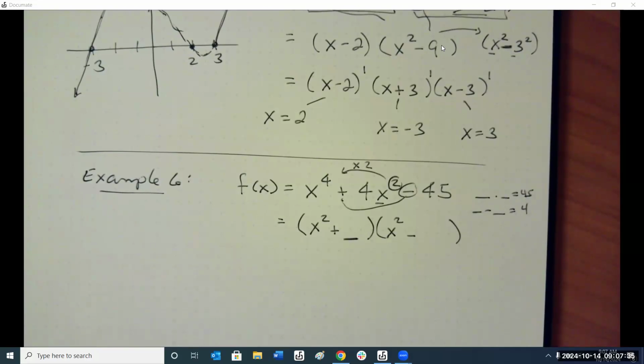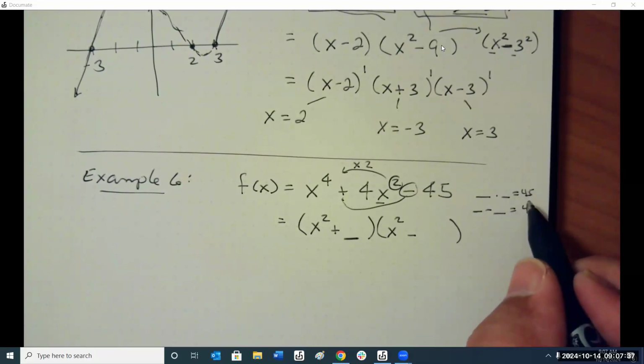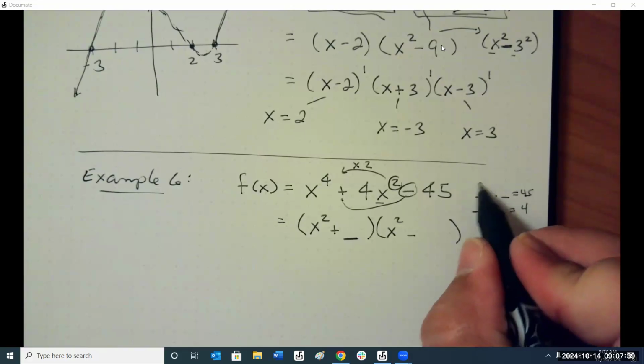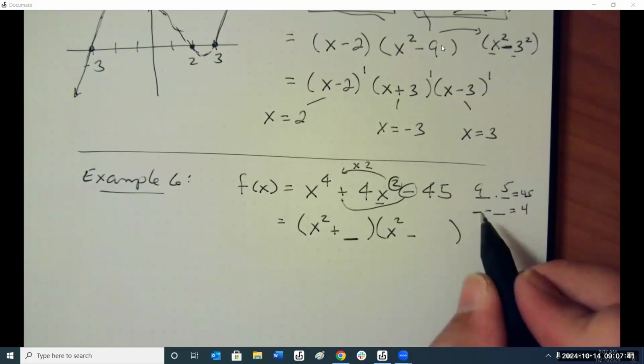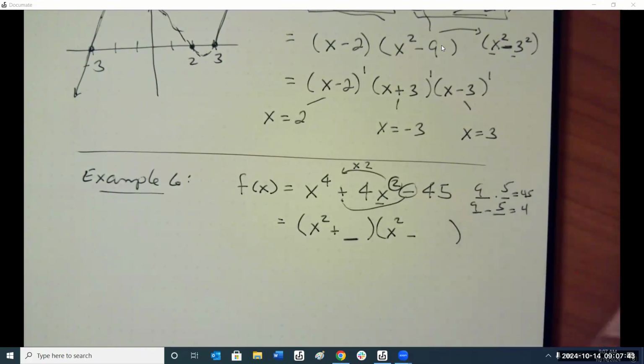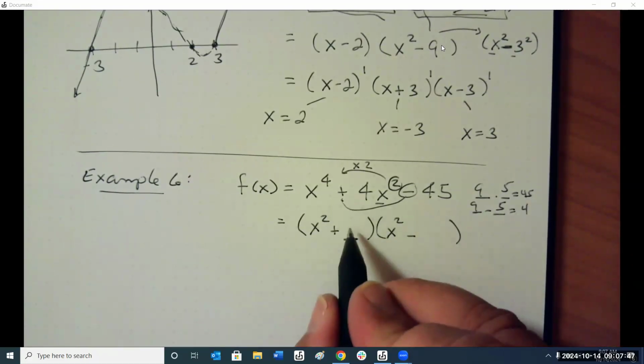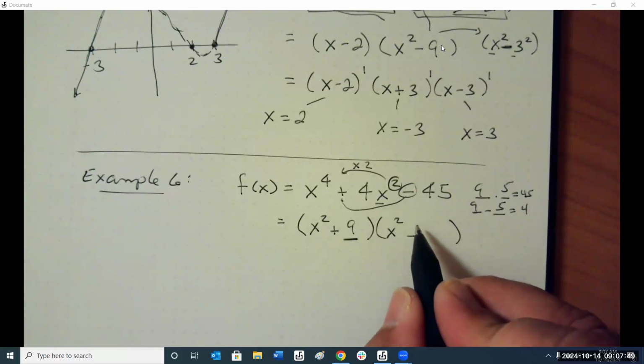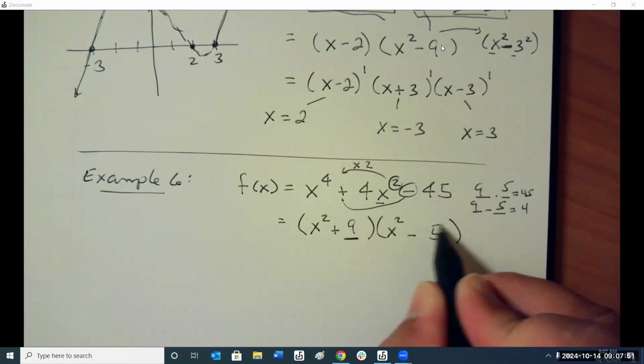This is the hardest part, but with practice, we get 9 times 5 is 45, and 9 minus 5 is 4. So 9 and 5 are our numbers. The bigger one gets the plus, so 9 goes there, and 5 goes there.